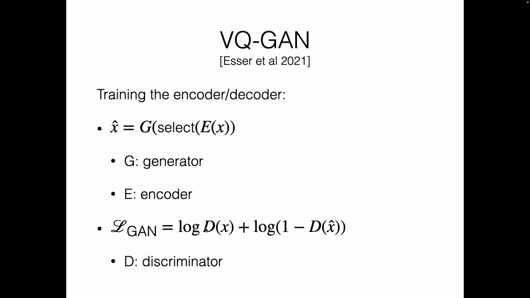Here's the basic loss function you have. You want the discriminator to assign 1 to things that are real, so that'll be X. And you want it to assign a 0 to things that are fake, so that'll be X hat. And this X hat is produced by first encoding an image and then generating it. Okay, so that's the basic setup.